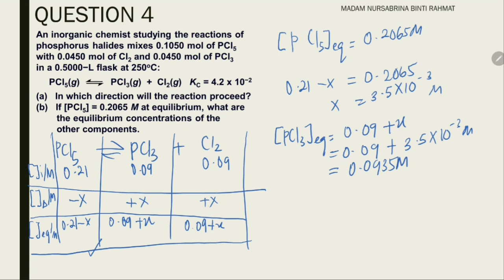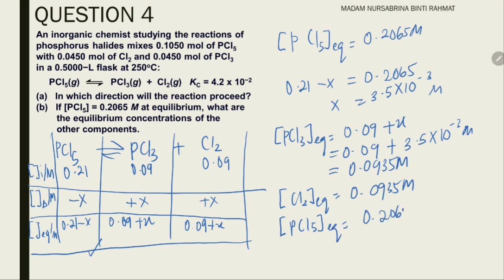Since Cl2 has the same equilibrium concentration in terms of X, you can simply write it down. And since the question asks for the equilibrium concentrations of all the components present, you also need to write everything again to get the final marks.